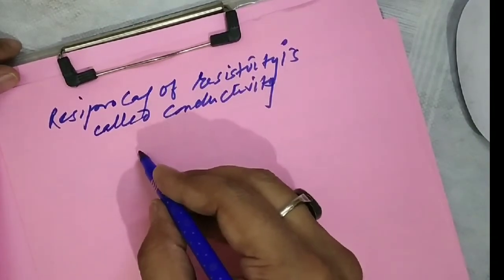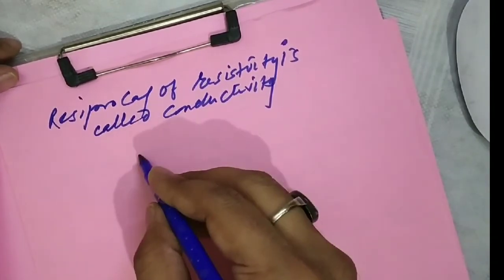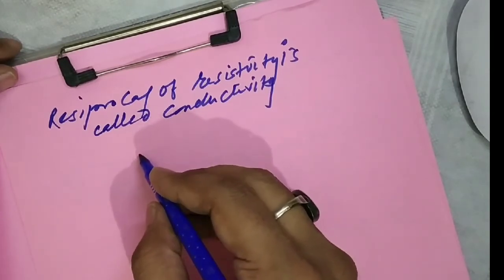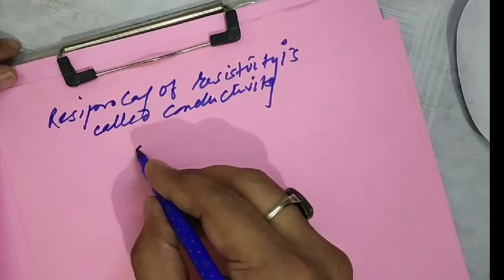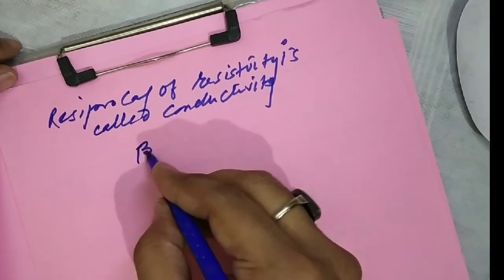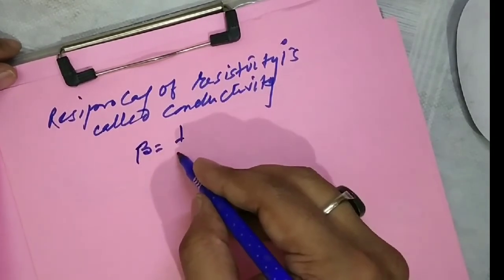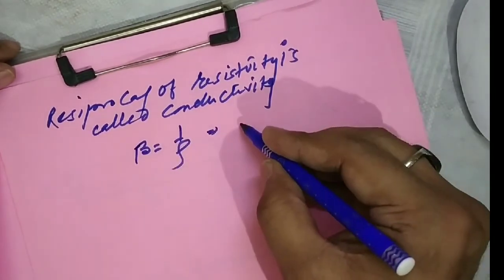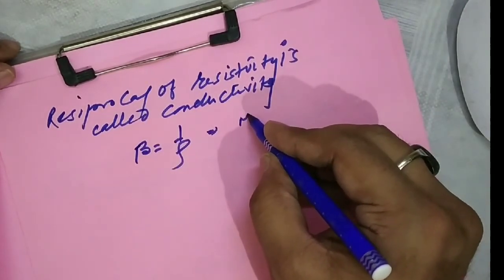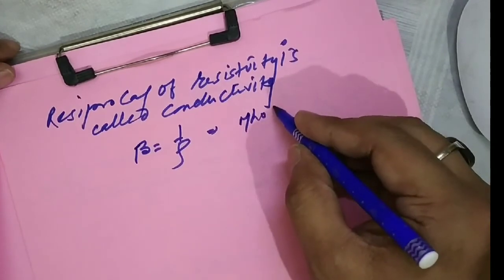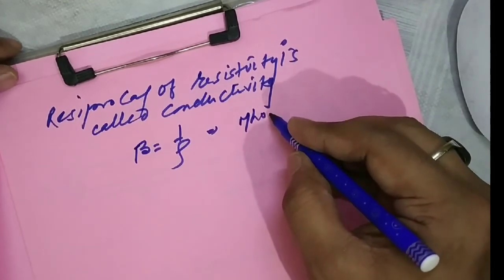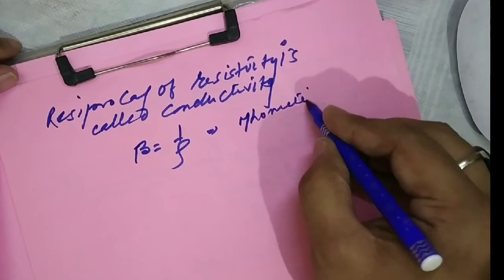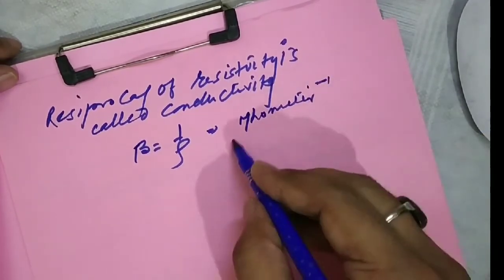So you can say that conductivity, taking another symbol, say sigma, is 1 by rho, and its SI unit will be mho per meter, or ohm inverse meter inverse.